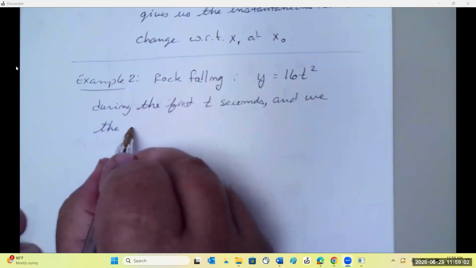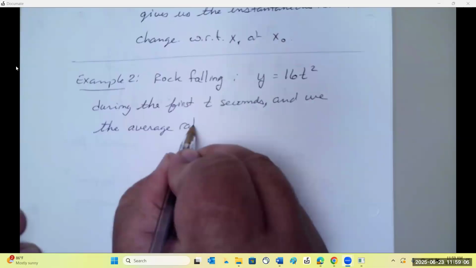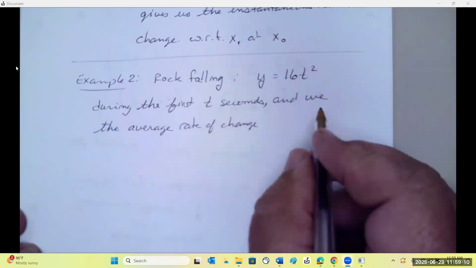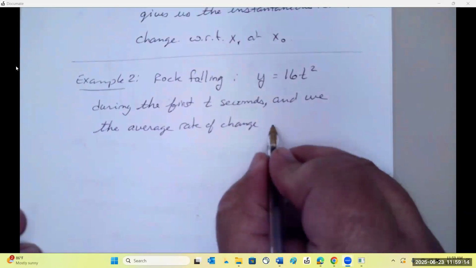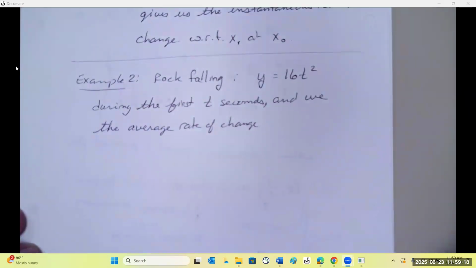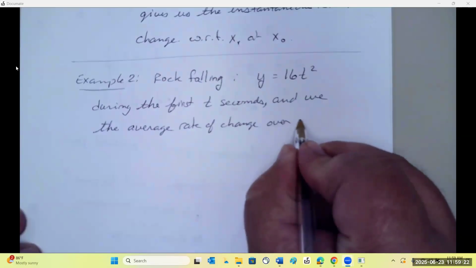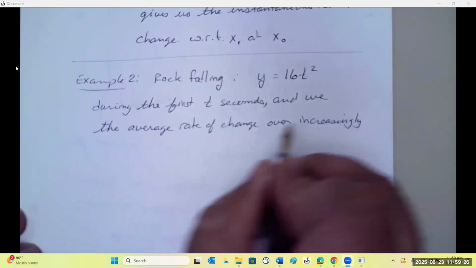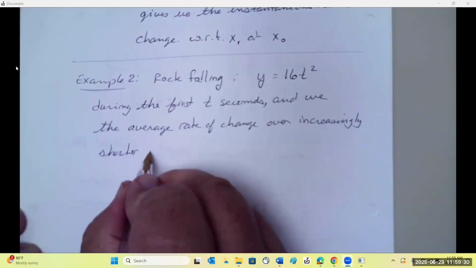And the average rate of change over increasingly shorter intervals.